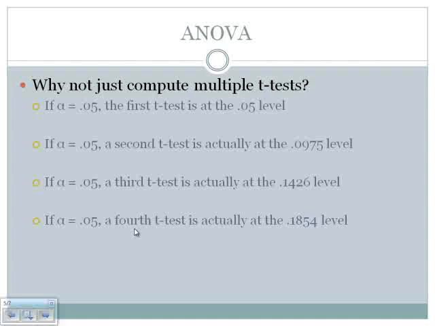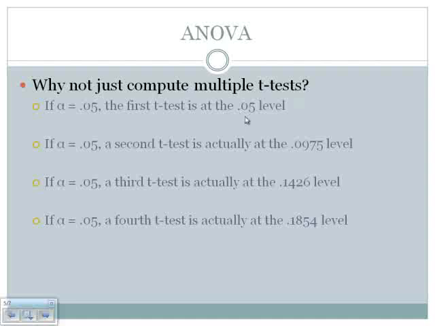The problem with that is that if you are thinking that you're doing each of those tests at the 0.05 level, the reality is that as you do more and more of those comparisons, your actual alpha level starts to rise. So when you did the t-test between group 1 and group 2, the first t-test, you were actually acting at the 0.05 level.